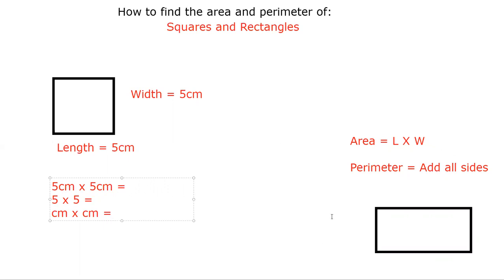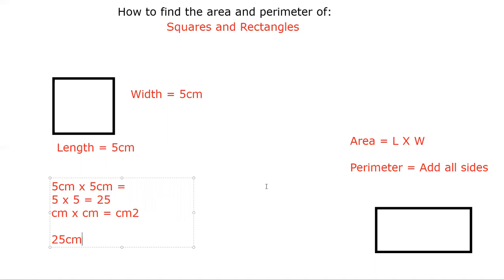So 5 multiplied by 5 gives us 25, and centimeter multiplied by centimeter, well, when you multiply something by itself, it becomes squared. So centimeter multiplied by centimeter becomes centimeter squared. And now all we have to do is combine our two answers. We have 25 and centimeters squared. So our answer is 25 centimeters squared.